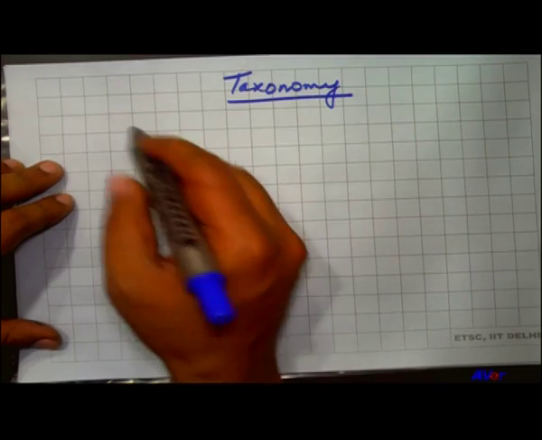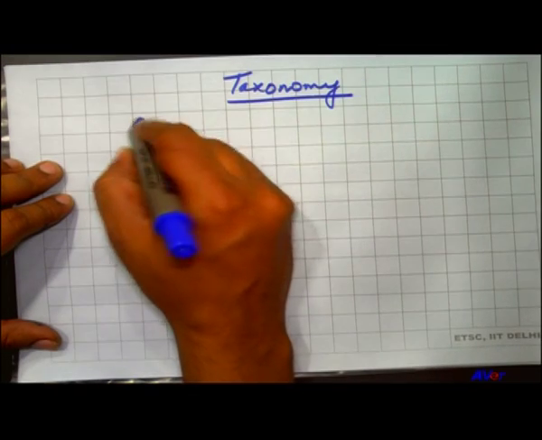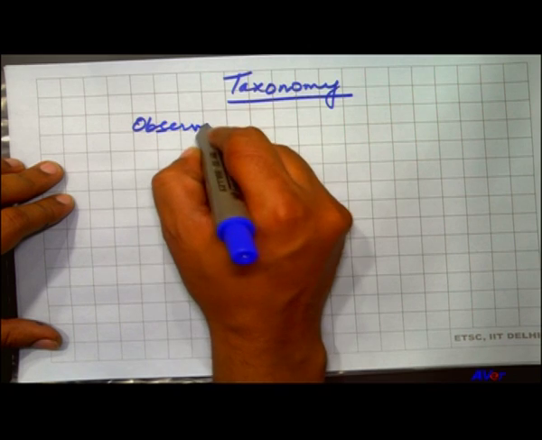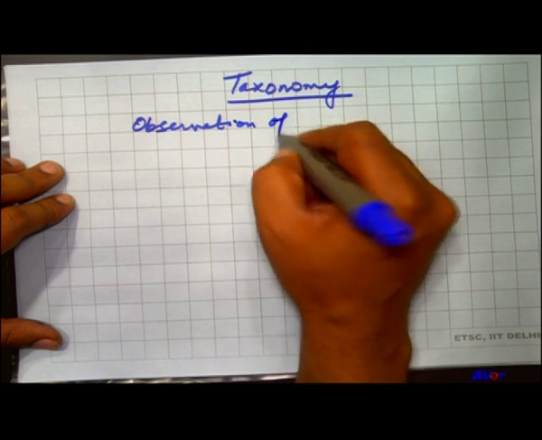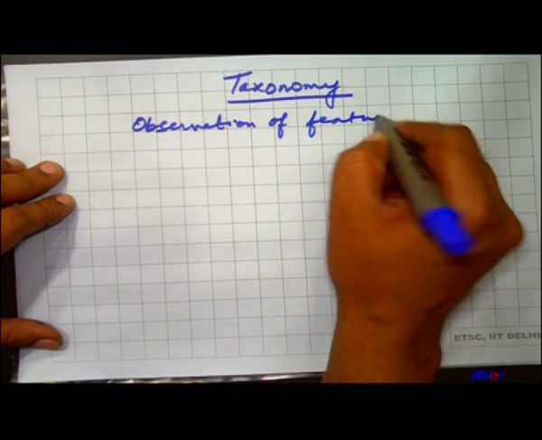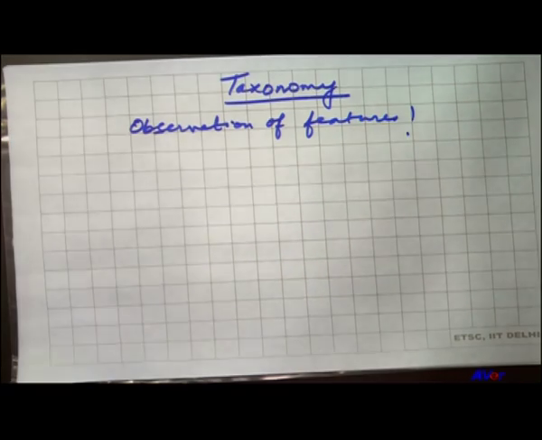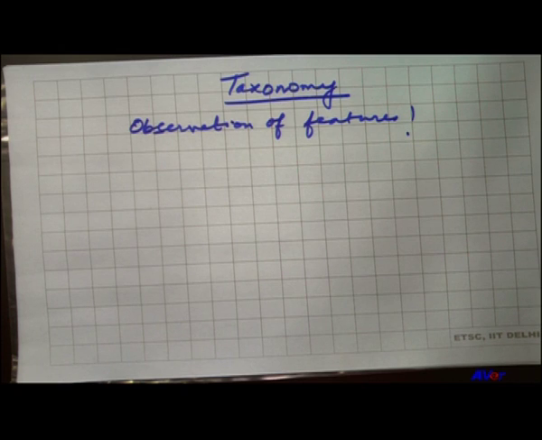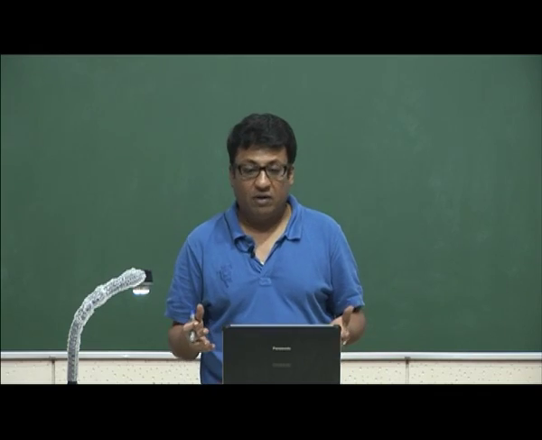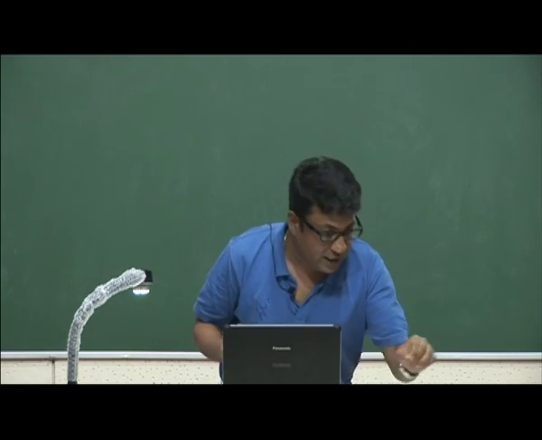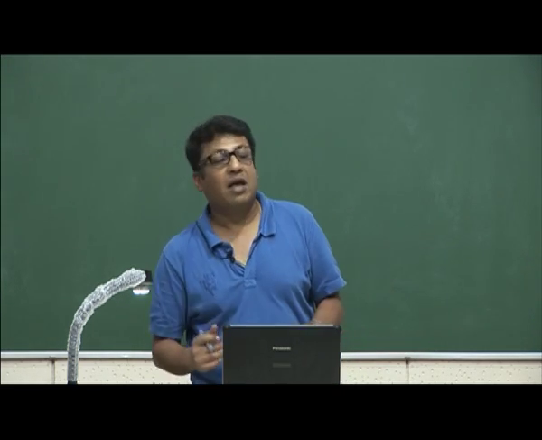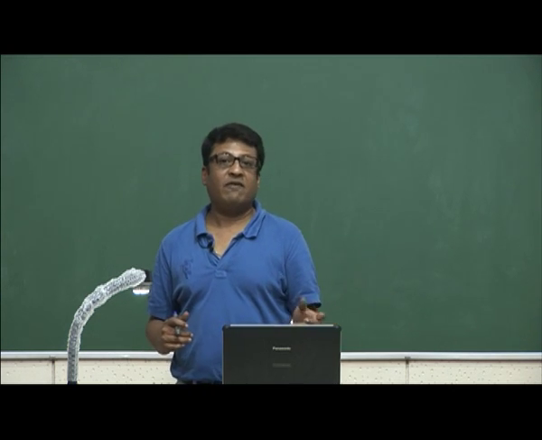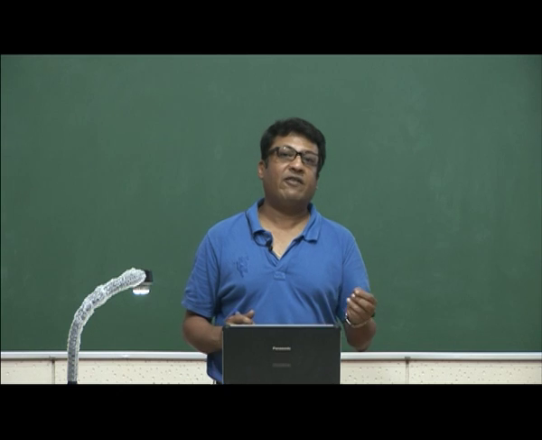Taxonomy started by our observation of features like 5 fingers, things like that. Now, obviously, when we do not have a microscope, we do not see small organisms, so we do not name them, but once we start seeing them, we start seeing some of their activities also.